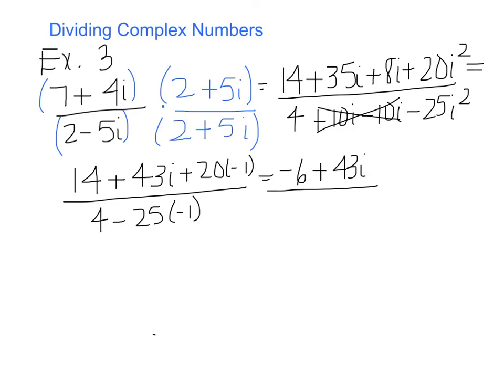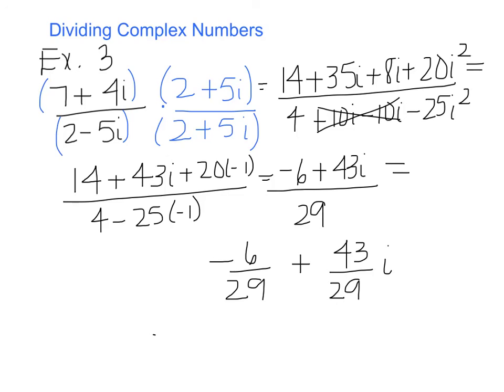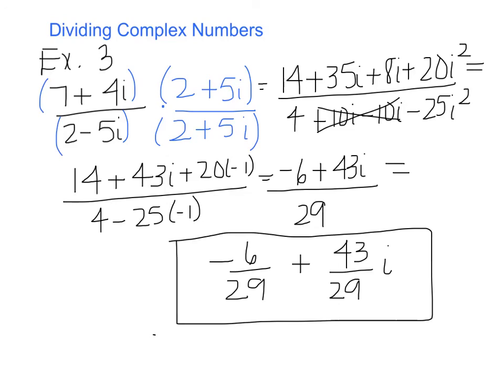And on the bottom, we'll have 4 plus 25, which would be 29. So when you write your answer, it's very important that you write it in standard form. Standard form looks like this: the real part and the imaginary part. And if you can reduce it, you can. If not, you leave it alone. And that's it.